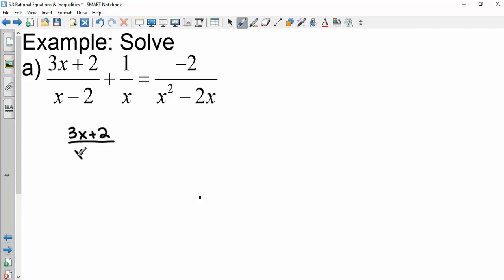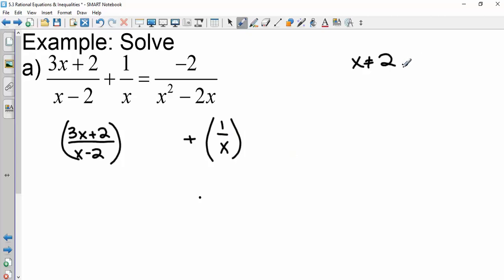So if my denominator is x minus 2, what can x not equal? Okay. If my denominator is x, what can x not equal? 2.